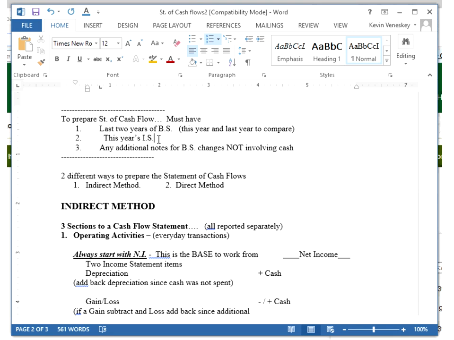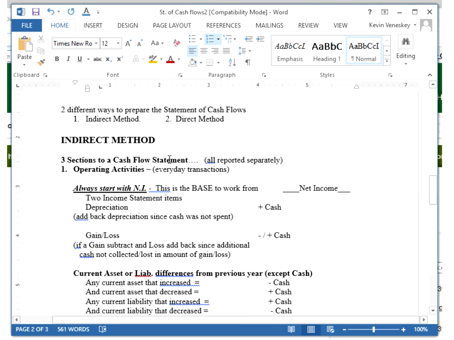The other one that we're going to look at later is any gains or losses. Gains or losses do not involve cash either, but yet they do affect my net income. They make it go up or down. But in no way was cash affected by that amount of net income, net loss, or gain.